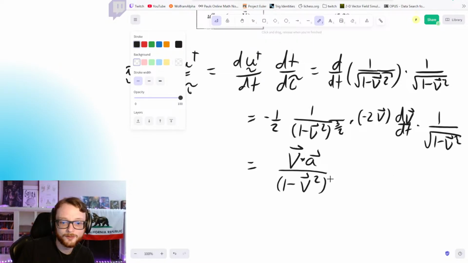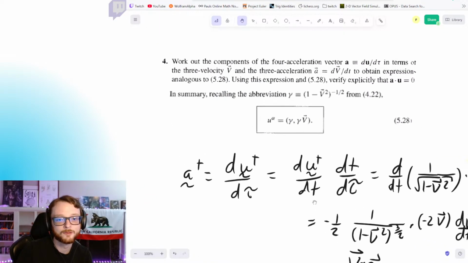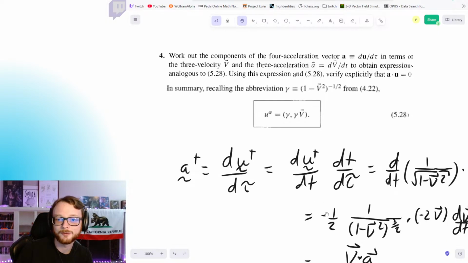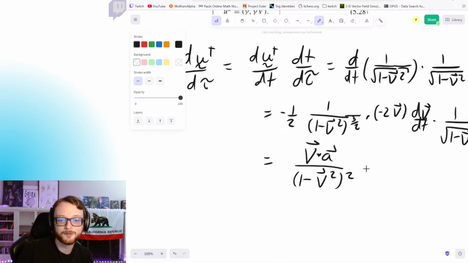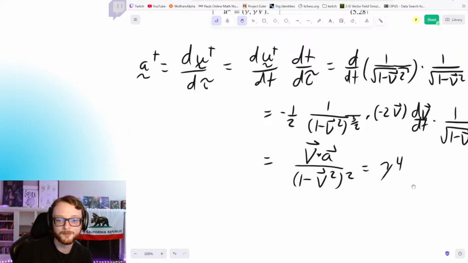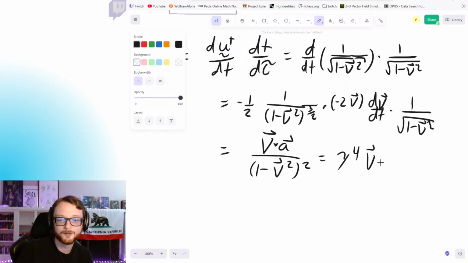And then that's a square. Like that's gamma squared, right? Hmm. Or gamma fourth. That's kind of crazy.